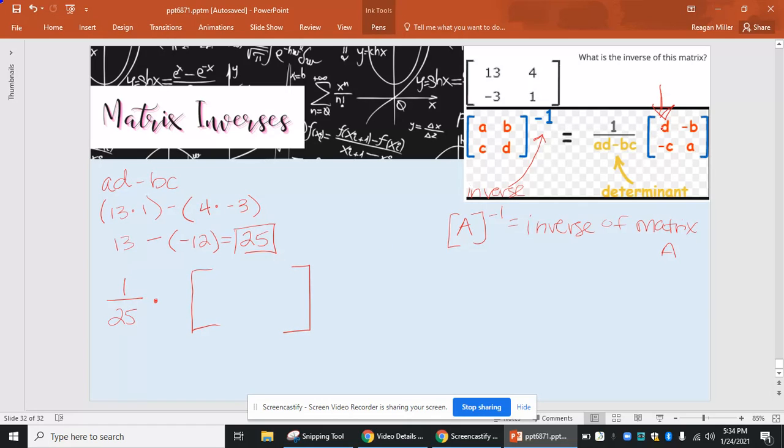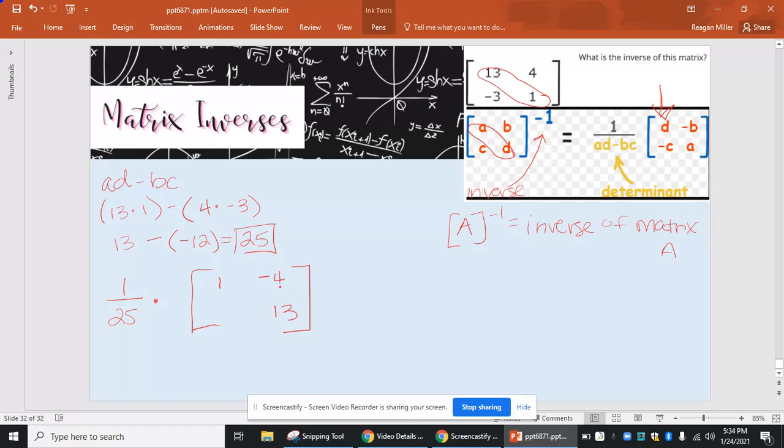You'll notice that the first letter is D, and then we have A down here on the diagonal. So you take your original matrix and you just flip the numbers on this diagonal. So 1 is going to be in the 11 position, and 13 is going to be down here in the 22 position. And then B and C are going to stay in the same place.